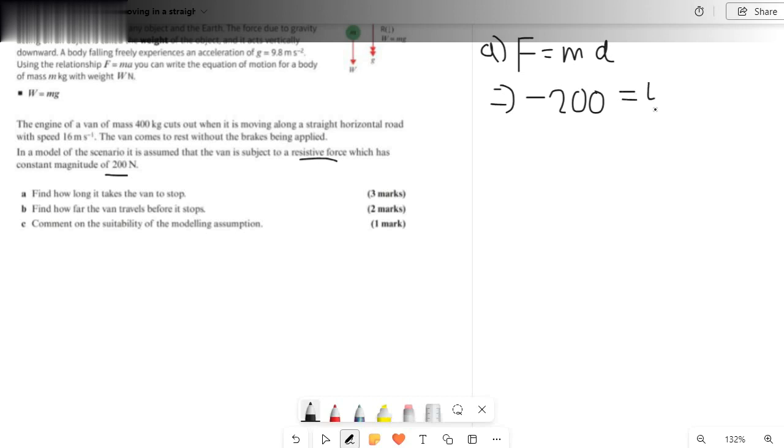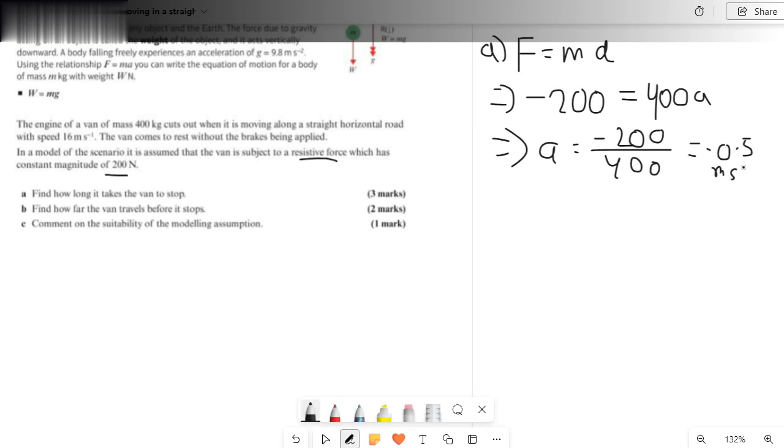So we have 400 kg multiplied with acceleration. Therefore, a is equal to minus 200 divided by 400, which is minus 0.5 meters per second squared. The negative sign here represents that the van is decelerating.